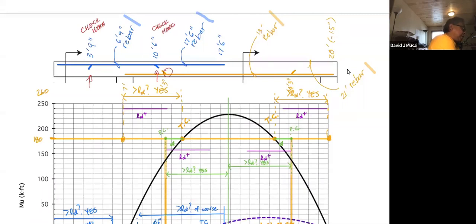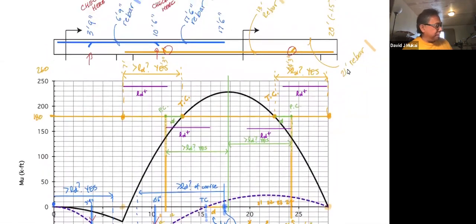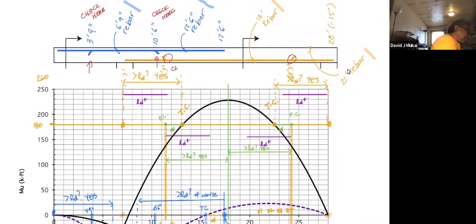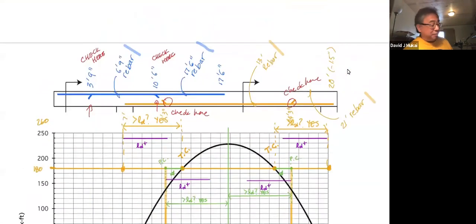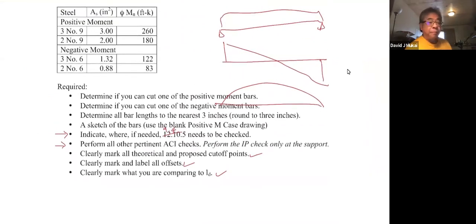Okay, this one and this one, are they in tension? So is it positive moment? Well, of course they are. So check here. The answer almost always is, if you just had to guess, this one. Basically, every time you cut a bar, you need to check it. Okay, I'm not making you do the check.